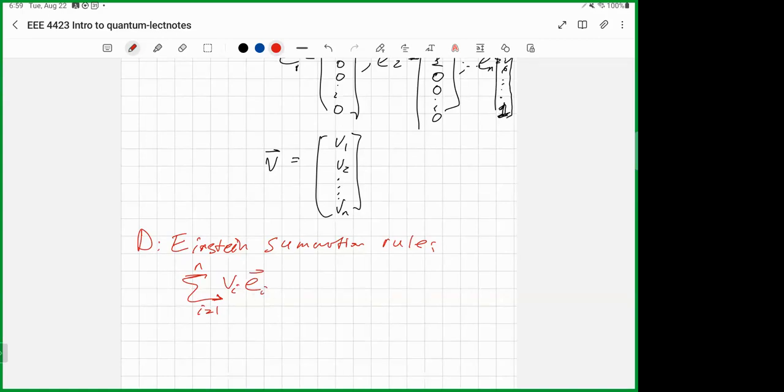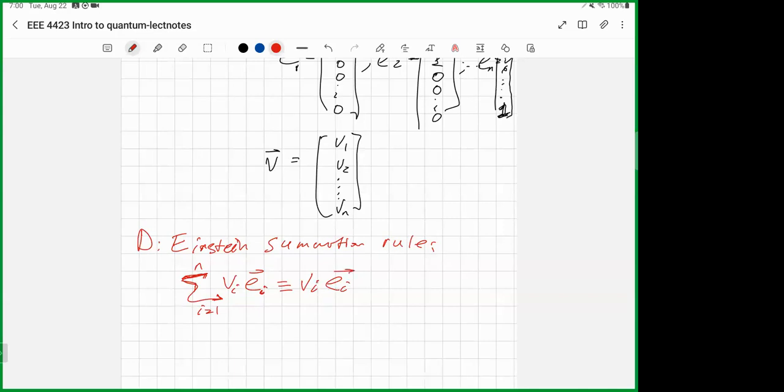We have these two indices and we sum up all these terms like v1 e1 plus v2 e2 plus v3 e3, etc. Quite often this can be written by skipping the summation sign, just like v_i e_i.